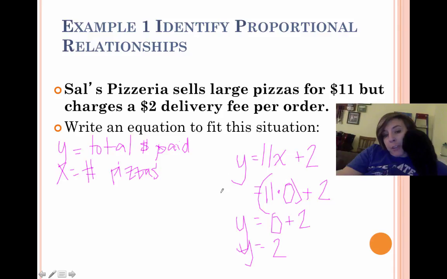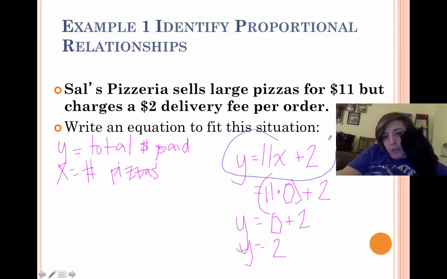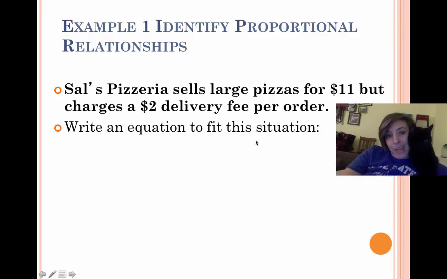This is not proportional. But what you're really looking for here, all that I was really asking you to do here, is to be able to come up with this equation from the word problem. Okay?